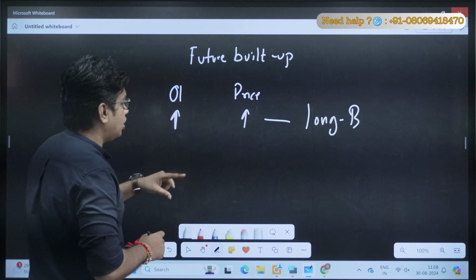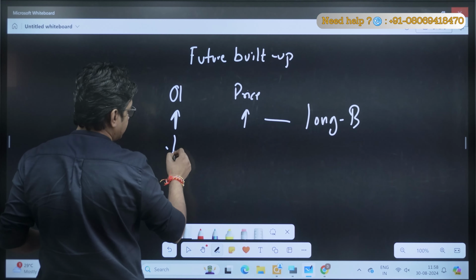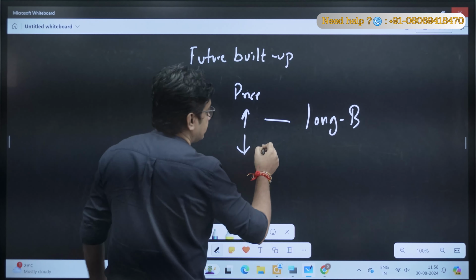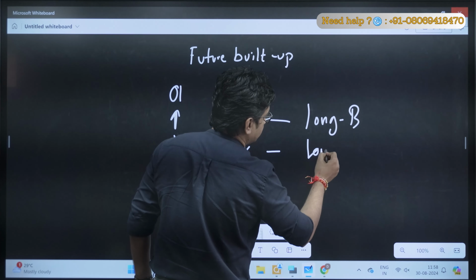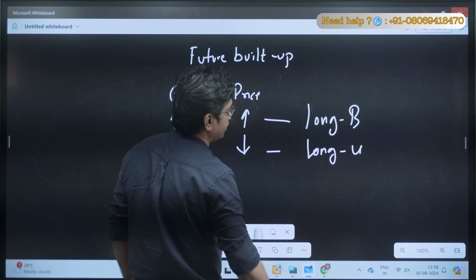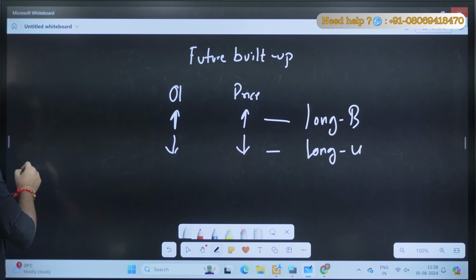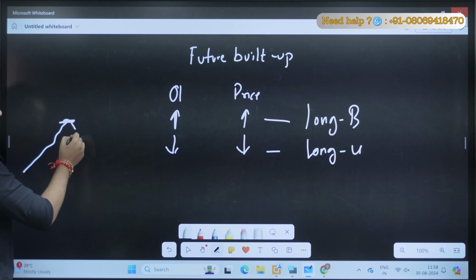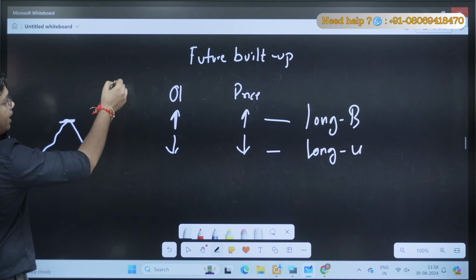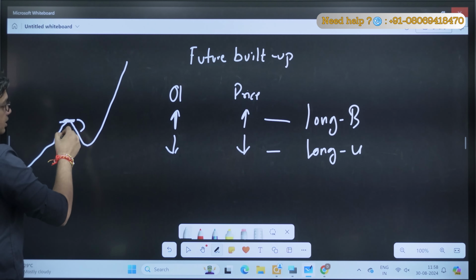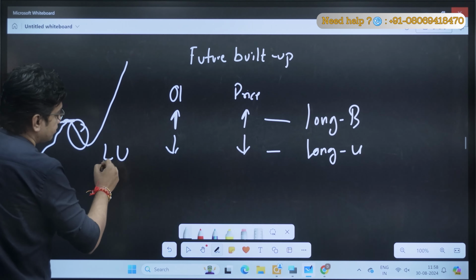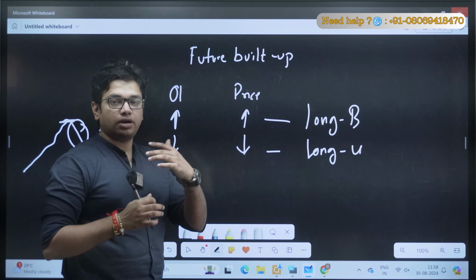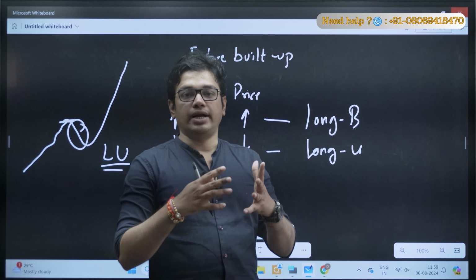And along with it, when OI decreases and price also decreases simultaneously, this condition is known as long unwinding. That means the price is moving up like this, and here I am booking the profit. Price comes down like this, then again bounces back and goes up. Some of the traders who have bought larger quantities wind up some positions.